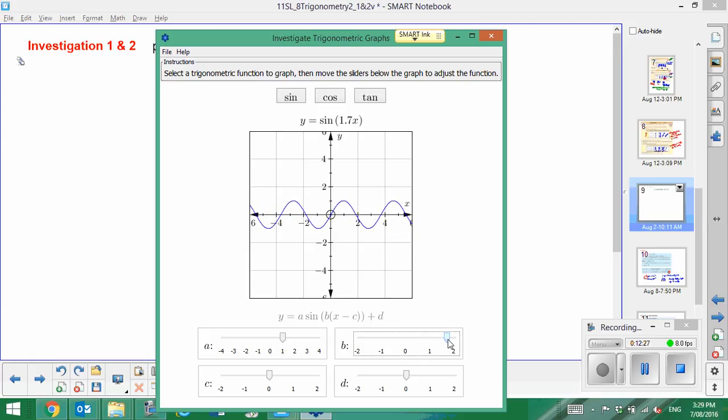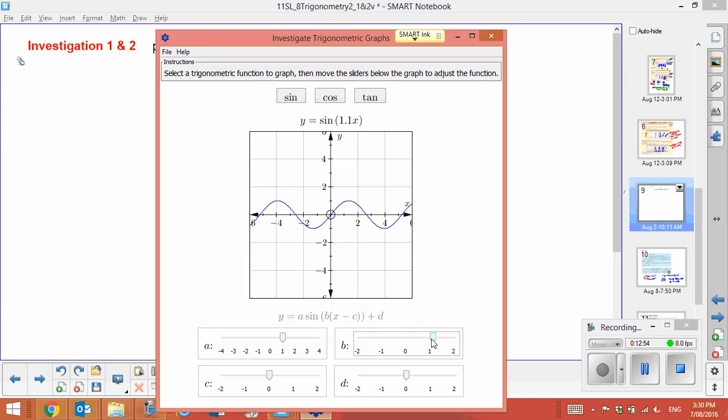If I now multiply that by 2, so I get sine of 2x, see what's happened to our period? It now comes in at pi. So 2 pi times a half, 1 over 2, gives us pi. So when we have 2x, we're multiplying everything on the x-axis by a half and it brings it all inwards towards the y-axis.